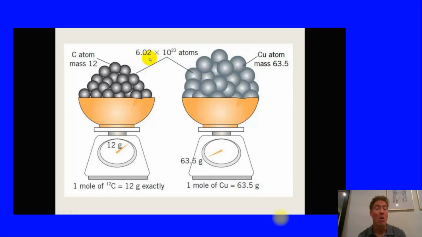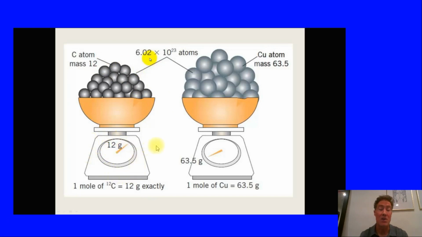So a mole of carbon-12 is exactly 12 grams. A mole of copper with an atomic mass of 63.5, a mole of it equals 63.5 grams. So a mole is equal to the atomic mass of whatever we're considering in grams. Whatever its atomic mass unit is, we convert that into grams.